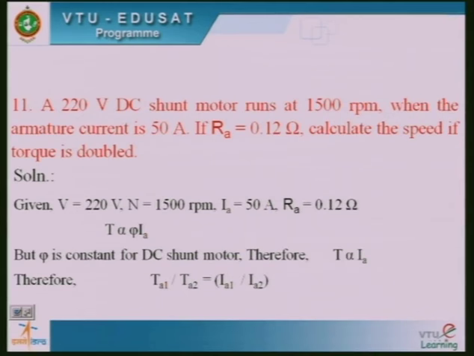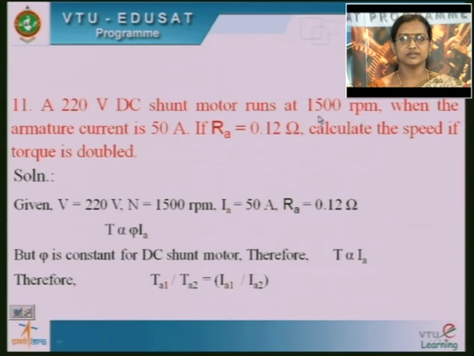So now you see this problem. It is a DC shunt motor, the supply given to this is 220 volt and it is running at 1500 RPM. When the armature current is 50 ampere and the resistance mentioned is 0.112 ohm, calculate the speed if the torque is doubled. Here you see the condition, in each problem there is one data that is different.